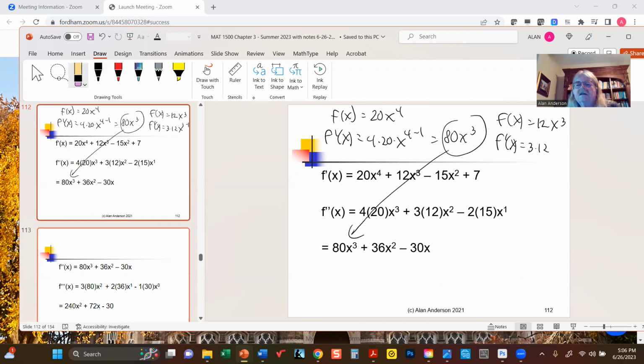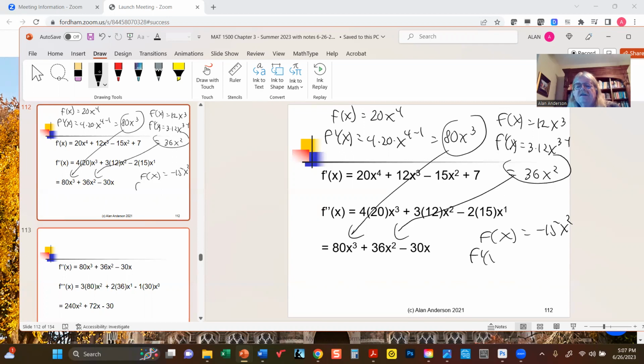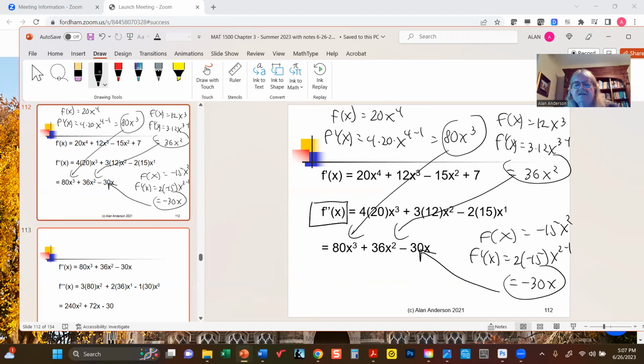It's getting a little tight in here. And then for that last one, if f of x is negative 15x squared, f prime of x will be 2 times negative 15x to the 2 minus 1. Now that's actually the first power, or just x. And there you go. And you notice the notation that we use is f double prime of x. That means the second derivative. The derivative of the first derivative is what it really refers to.